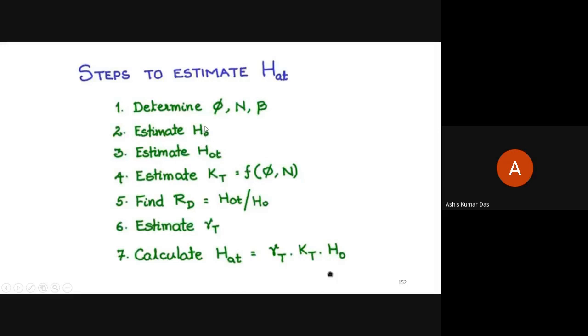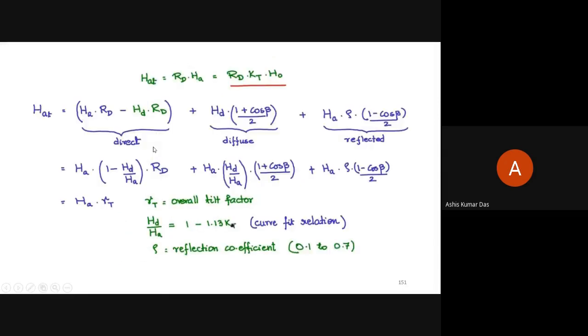And when we get this H naught and H naught T, we can find the RD. After that we can also estimate the RT. Before estimating this RT, we need this equation. If you try to recall, for finding out this RT, we need this equation, and in this equation we have the atmospheric condition.